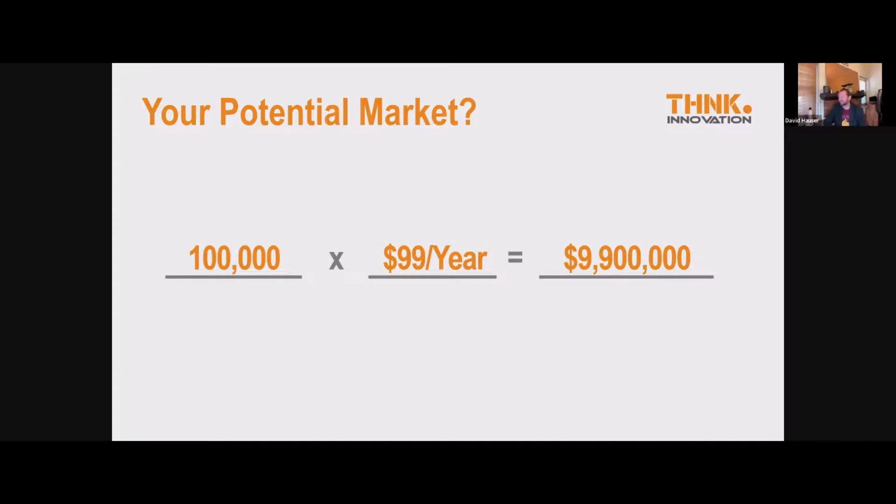And that's quite a substantial number. If you can validate that you have a potential market of nearly $10 million, that's when investors will become interested in learning more about your business.